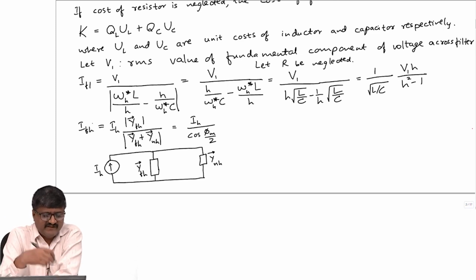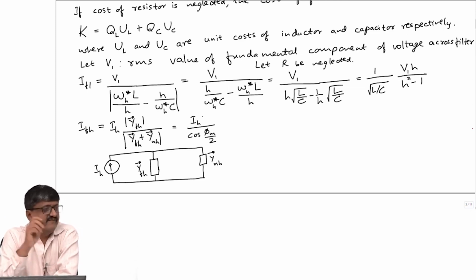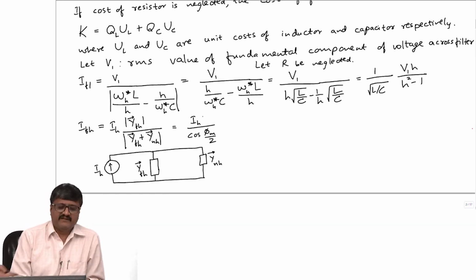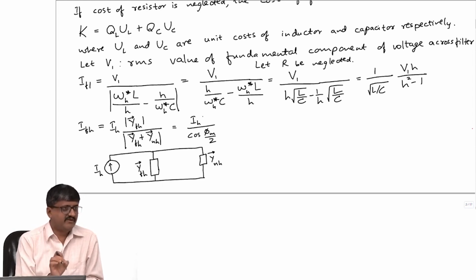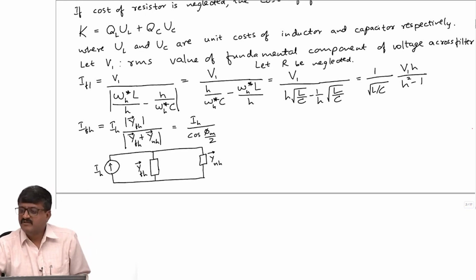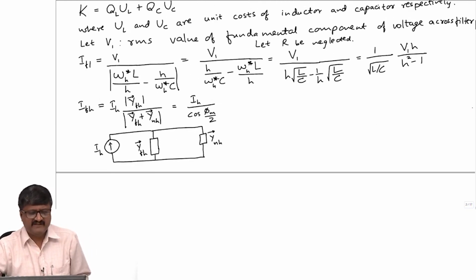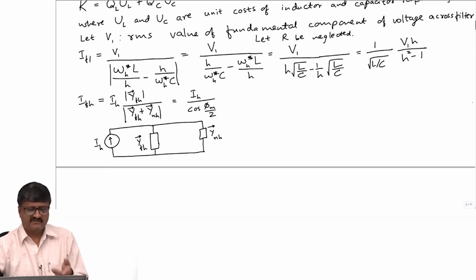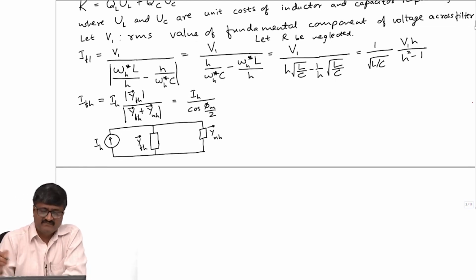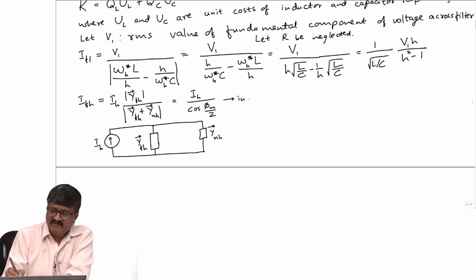Similarly, in the expression for IFH, IH is a constant, phi m is a constant, but IF1 is not a constant because IF1 is dependent on the unknown quantities L and C, whereas IFH is independent of the unknown quantities L and C. Is that clear? So IFH is not dependent on the unknown quantities L and C, only IF1 is dependent. Okay. So wherever there is IFH, I will retain it as it is. Just now we showed that it is a constant, independent of L and C.